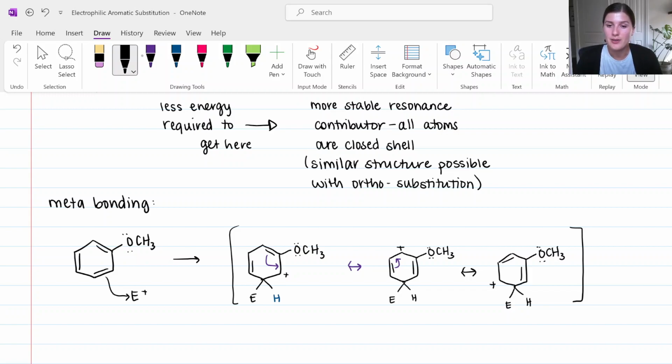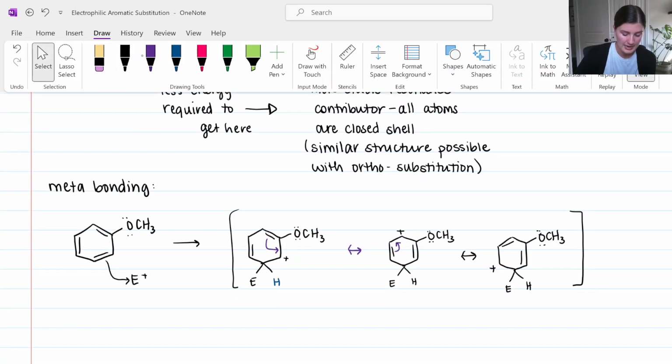That benzene carbocation can resonate around the ring, but having this electron donating group doesn't make it any more stable when we are bonding at the meta position specifically. So that's why these types of substituents are not meta-directors, they're only ortho-para directors.